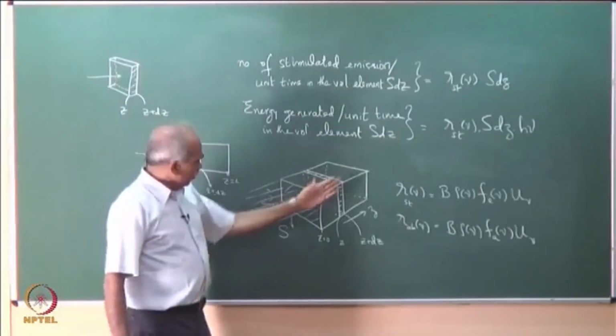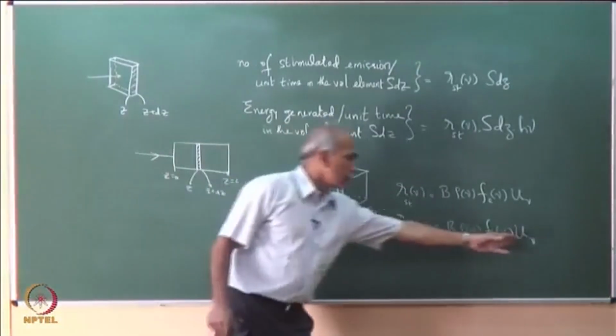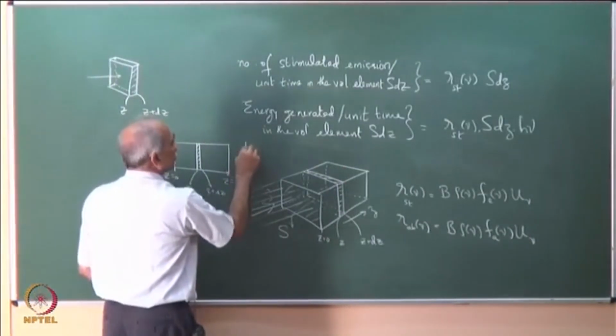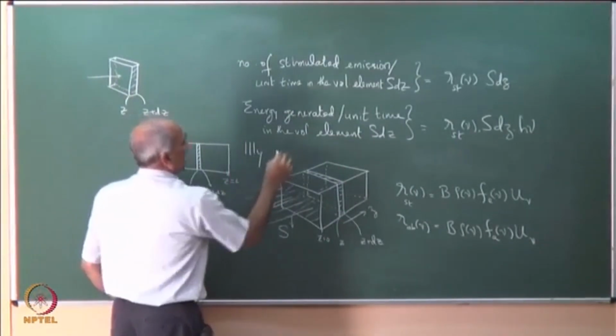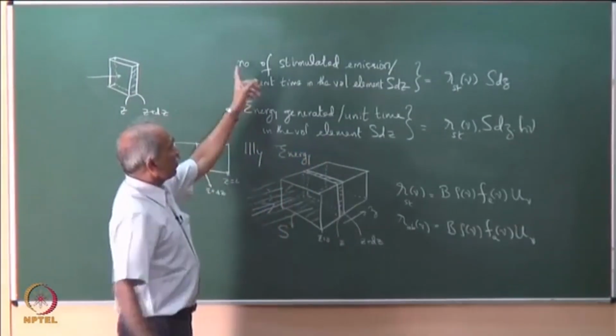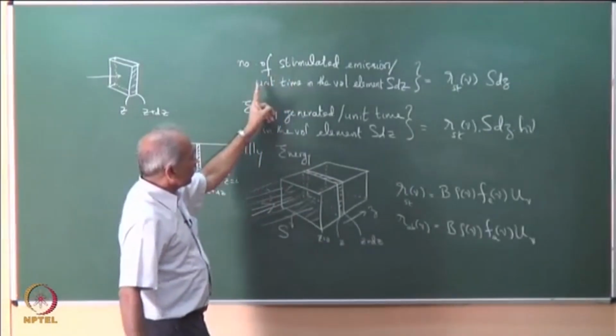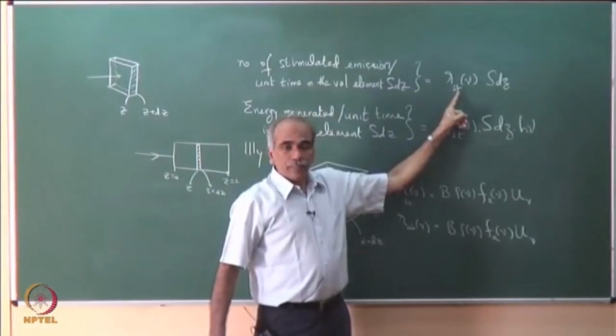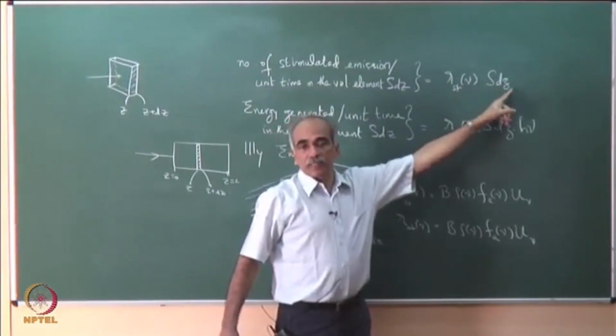There is a radiation of energy density u nu present, and therefore, similarly, I can find out the number of absorptions per unit time in the volume element S dz will be R A B into nu into S dz.